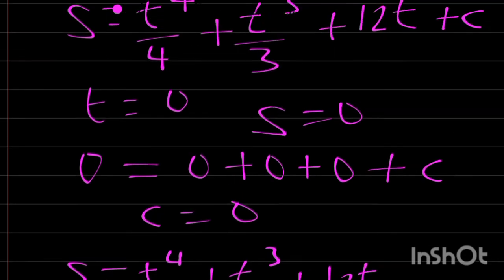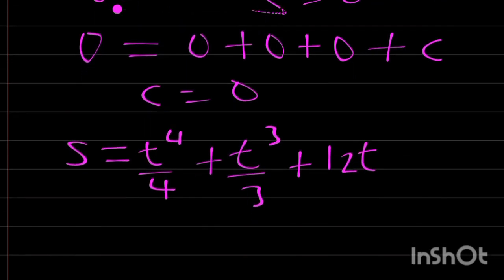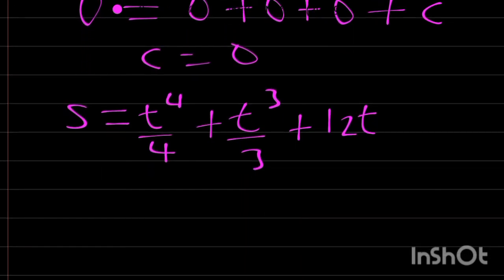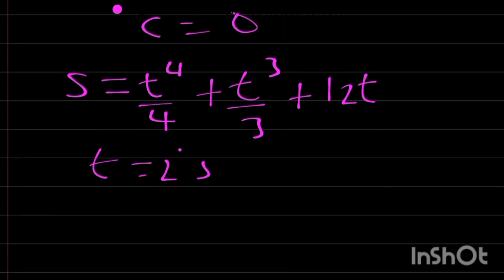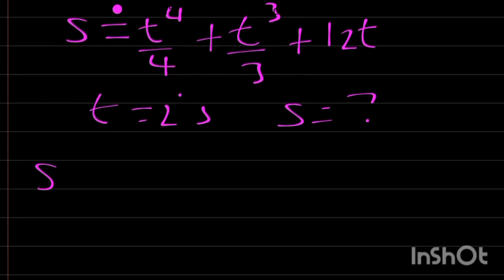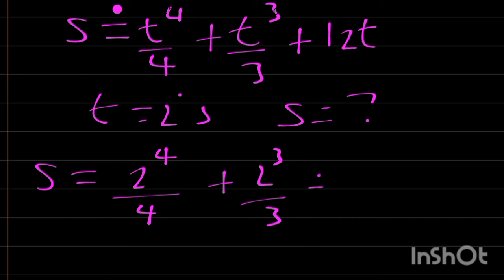This is our expression for distance from the origin, because at the origin, the initial distance is already 0. Okay, after 2 seconds, what is the distance covered? So all I'm going to do, I will substitute 2 in this expression.